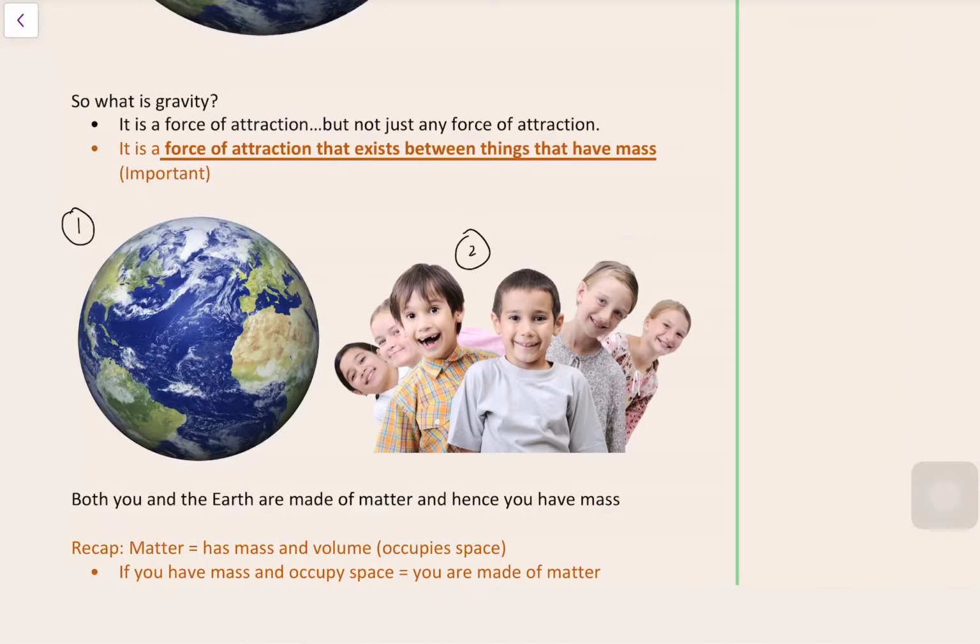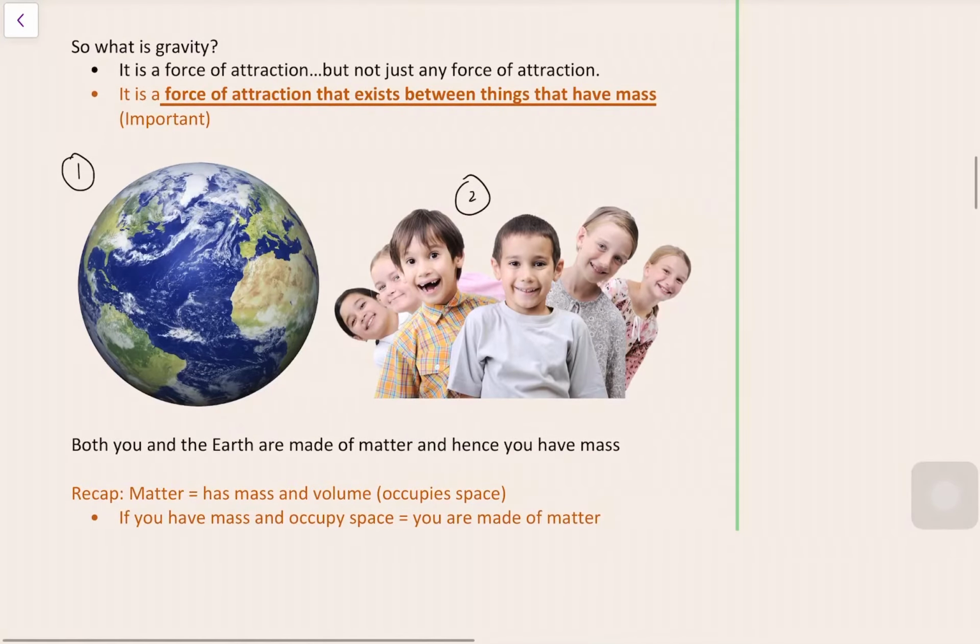If we recap our topic on matter, matter is whatever has mass as well as volume. So if you have mass and you occupy space, then you are made of matter. So look back at our definition here. Gravity is a force of attraction that exists between things that have mass.